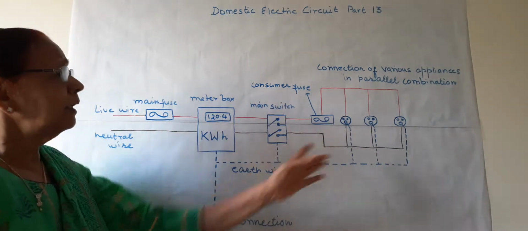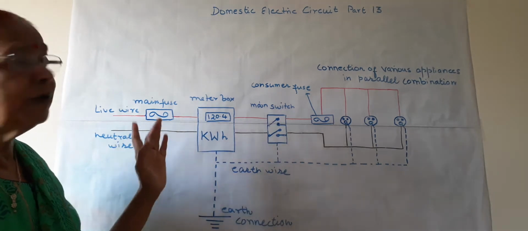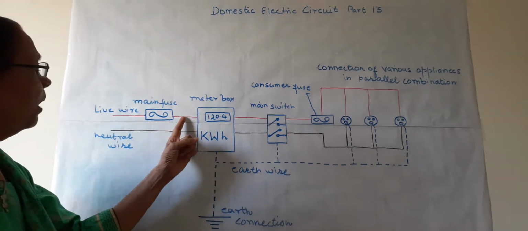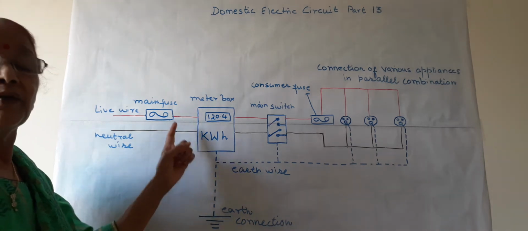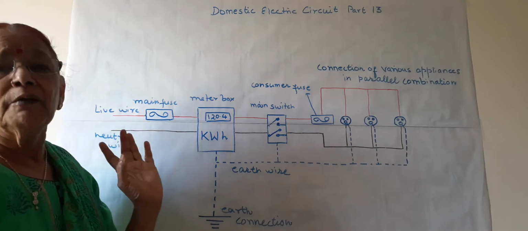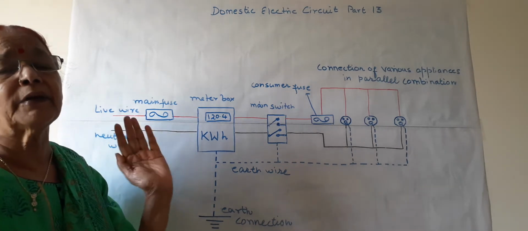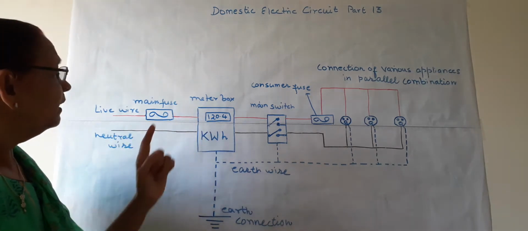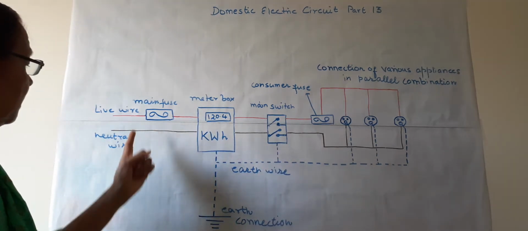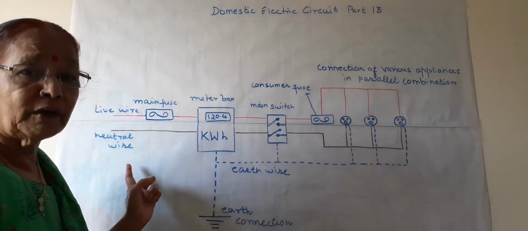So here is the diagrammatic representation of the domestic electric circuit. I am talking about these two wires from the pole which come into our house for giving electrical power to our house. These two wires are known as the live wire and the neutral wire.